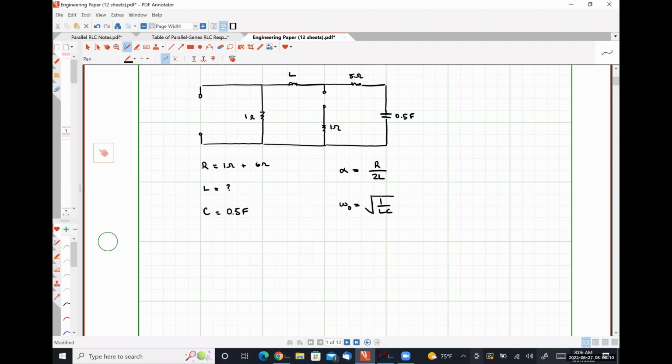And so now we're going to set these two things equal to each other and do some manipulation. If R over 2L is equal to the square root of 1 over LC, I can square both sides to get rid of the square root sign. That gives me R squared over 4L squared equals 1 over LC.